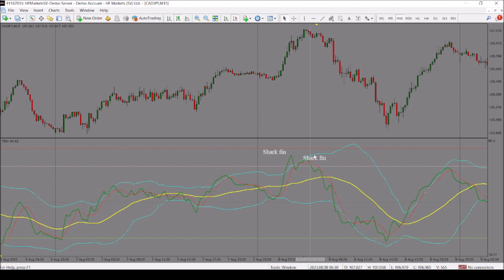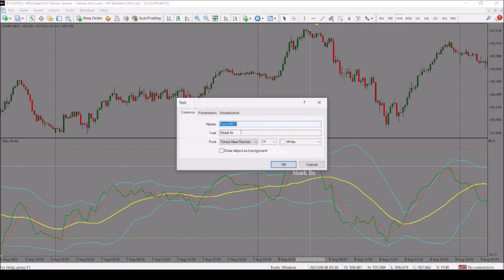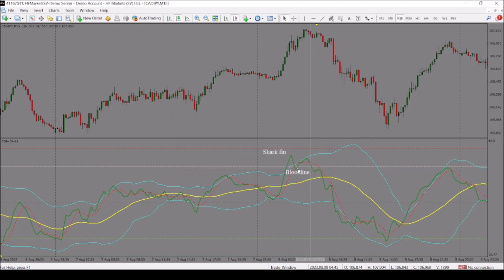Then we will need to have a bloodline, which is basically an EMA or the RSI line crossover with the signal line. After having the bloodline, we will need another bloodline as our entry. So basically we will require the shark fin, bloodline, and then bloodline for an entry.